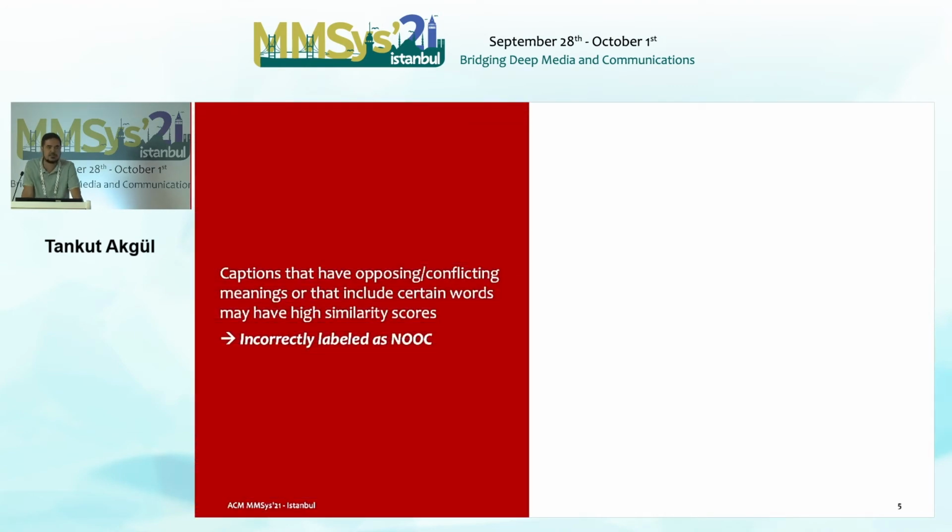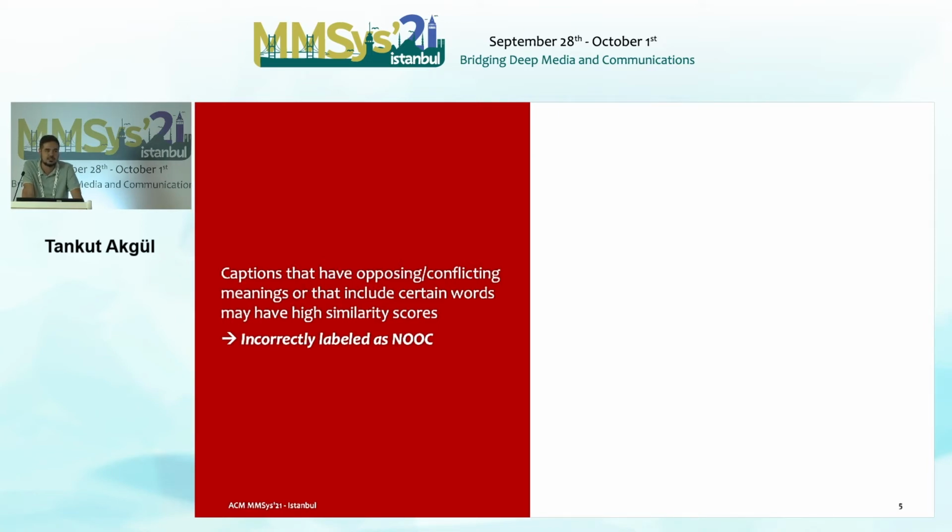If you look at the mechanism that helps us determine whether a set of captions and an image is out of context or not, one of the things Shivangi also mentioned is the semantic similarity of the captions. So one thing you can immediately do is check the semantic similarity of the captions, and if they are not similar, you can say, aha, these captions are different. They talk about different things.